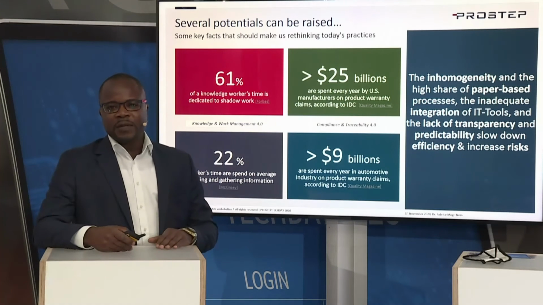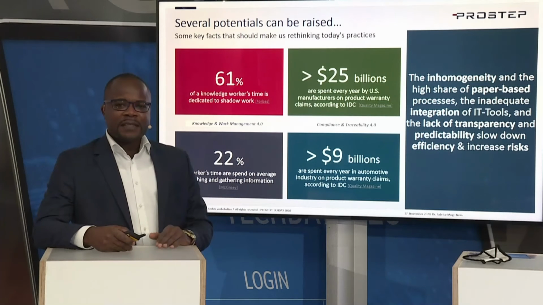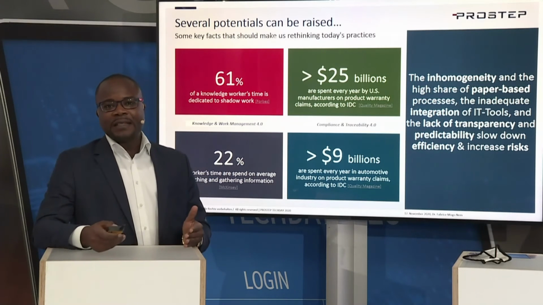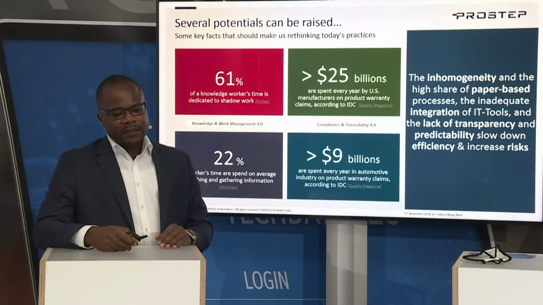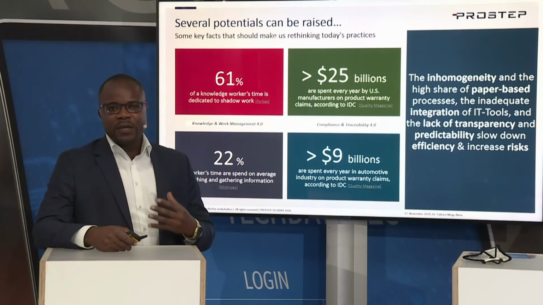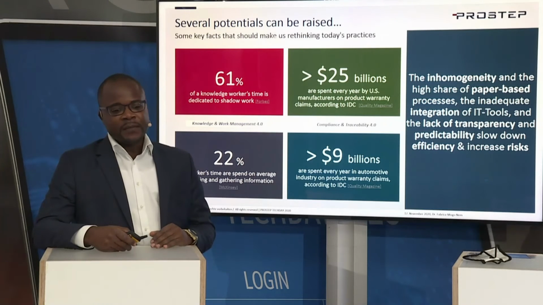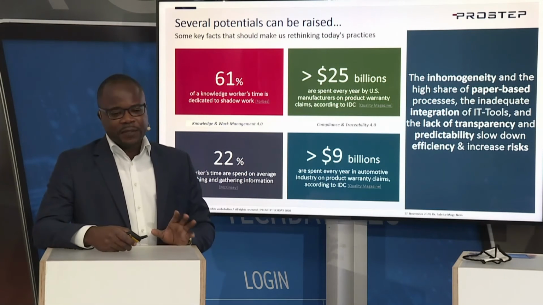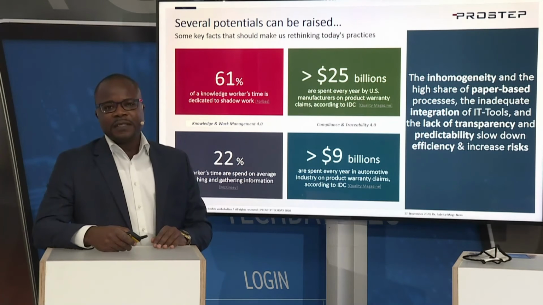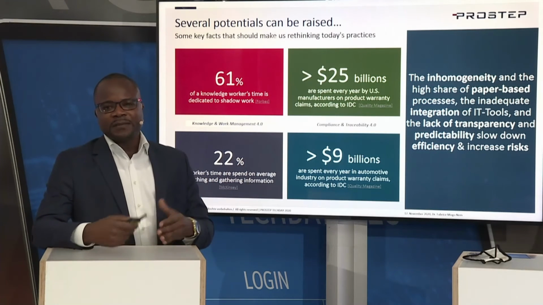In the second column, there are specific numbers in US dollars. In the US alone, every year 25 billion US dollars is spent on warranty claims. For the automotive industry, that's 9 billion in total, 9 billion US dollars only for warranty claims. And if you look behind the scenes, then you can see that a large share of these numbers are due to lack of compliance requirements.